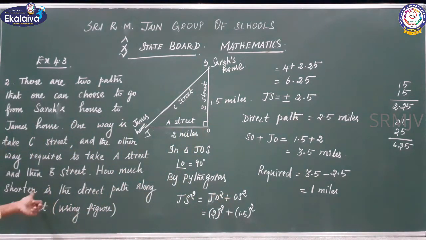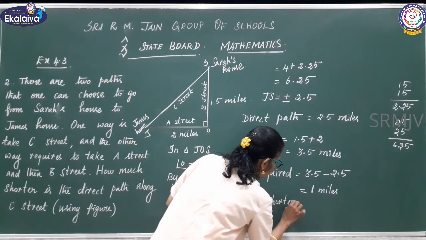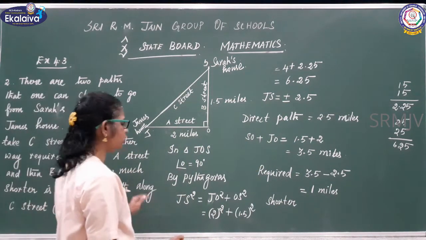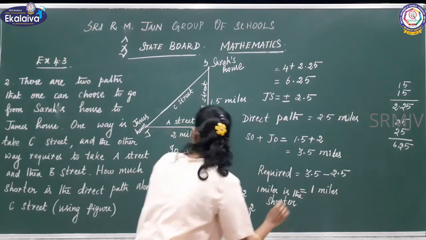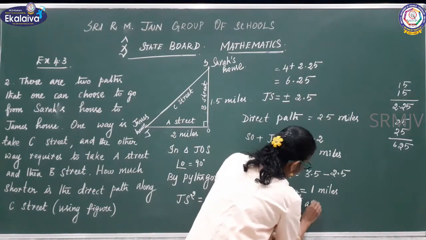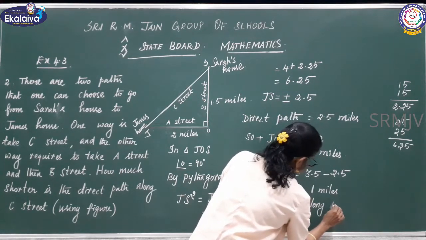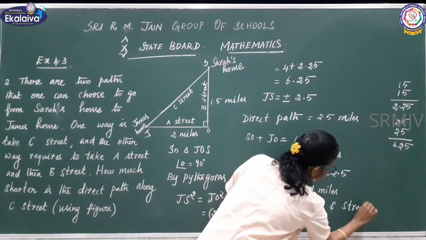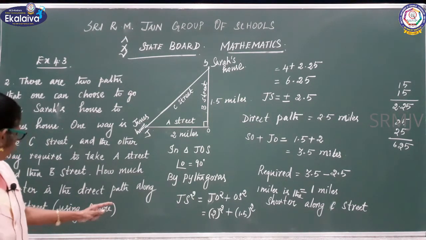They are expecting how much shorter the direct path is. How much shorter is the direct path along C Street? 1 mile, right? 1 mile is shorter along the direct path, C Street.